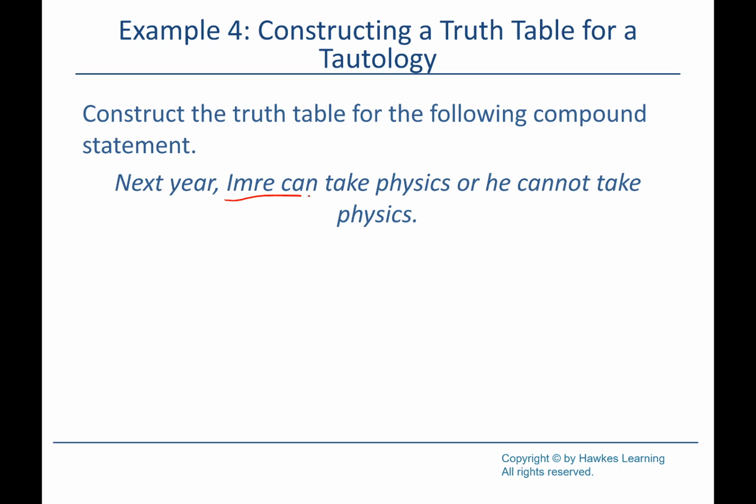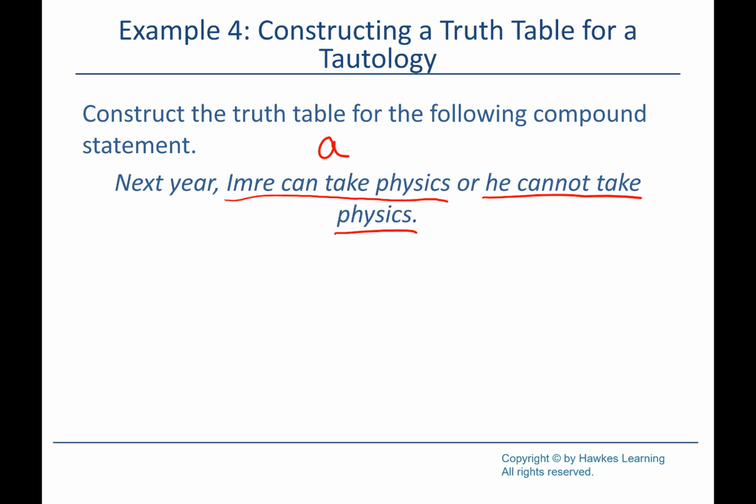If we call this part, Emory can take physics, statement A, then what would the next part be? There's only a little bit of a difference between the second part and the first part. What is it? First part says they can take physics. Second part says cannot.